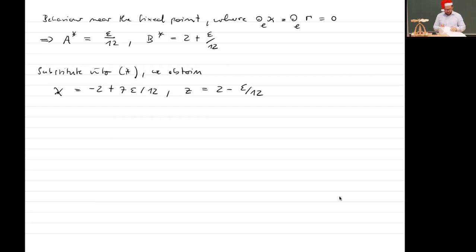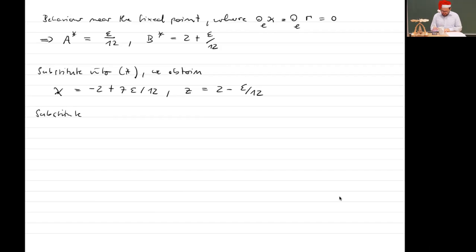And now we substitute this into the proper definition of the fixed point. Now our A's and B's are something complicated, and now we just rewrite it down.